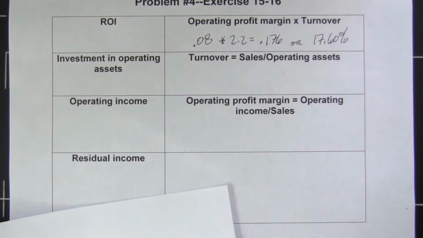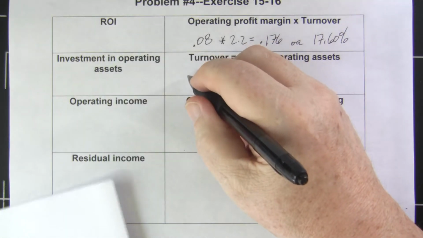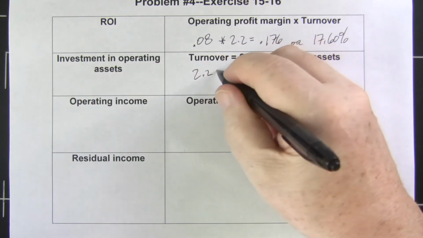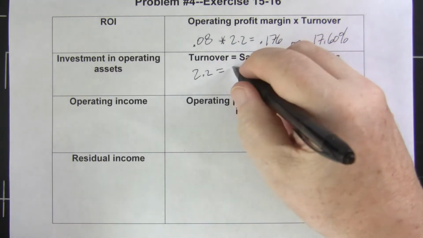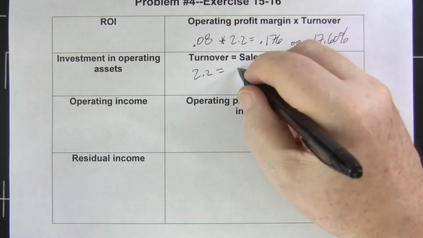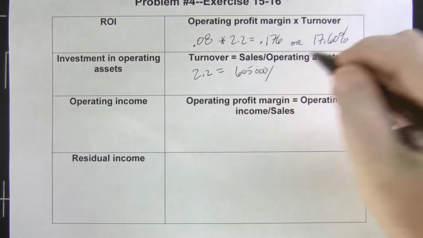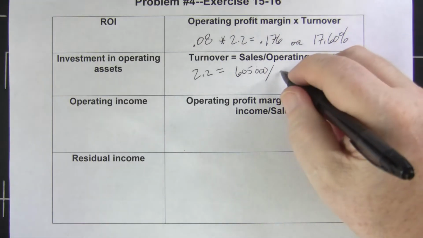They give us the turnover is 2.2. That equals our sales, did they give us the sales? 605,000, divided by our operating assets, and that's what we're looking for.